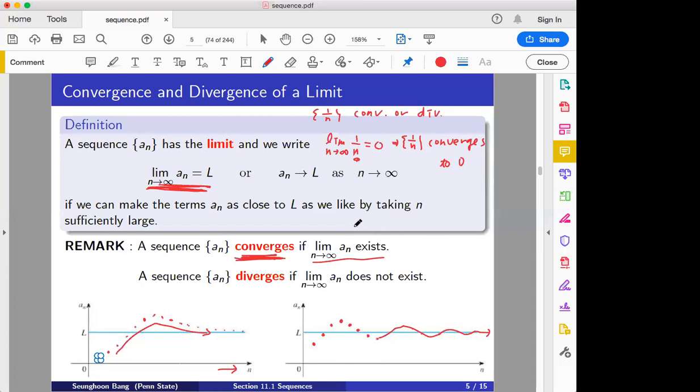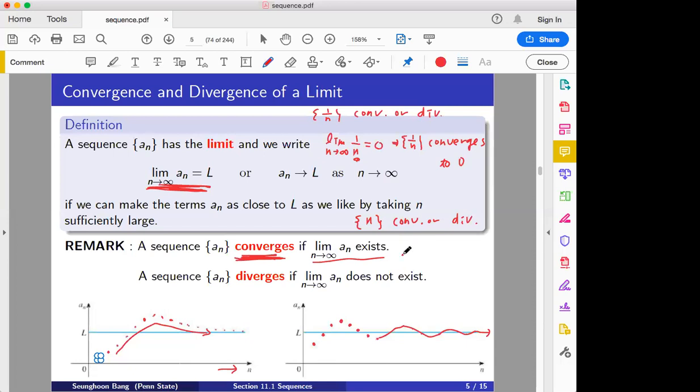So another example. What about the sequence n? Converge or diverge? What do you think? The answer is it's the same kind of check.